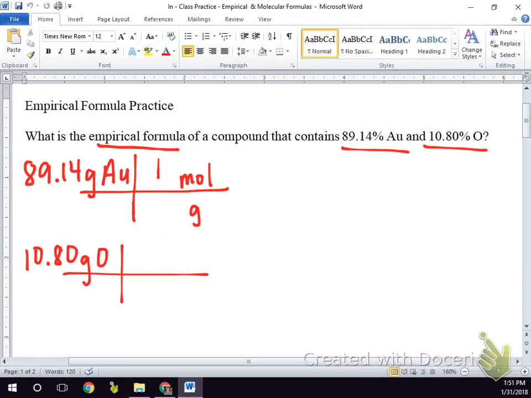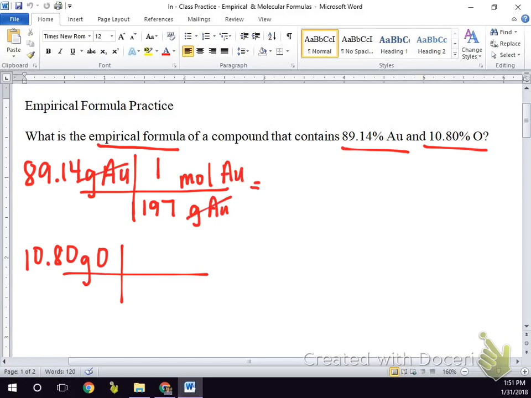So the molar mass of gold is what? 196.96, so yeah, I'll round up to 197. Okay? Does everyone understand how we're converting from grams to moles? Do we feel really comfortable with that? We should by this point, okay? So grams of Au and moles of Au. Let's go ahead and calculate that out.